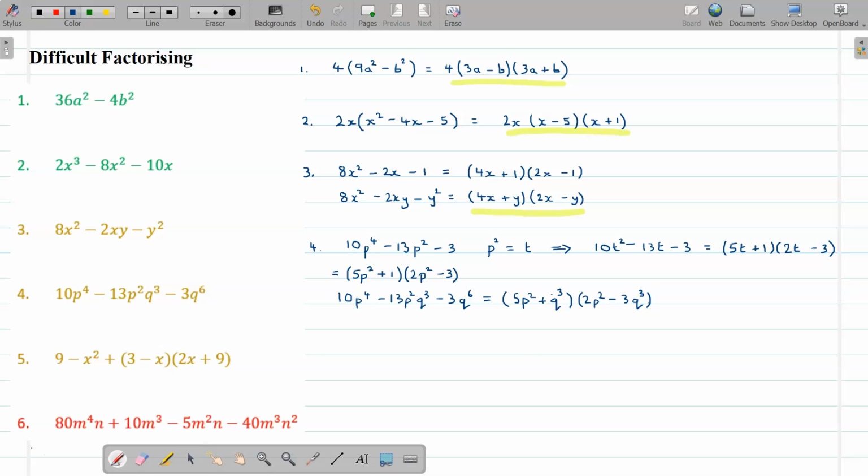Now if you multiplied that back out, you would see that it would indeed give you this expression here. So a little bit more tricky, that one, and certainly beyond GCSE.